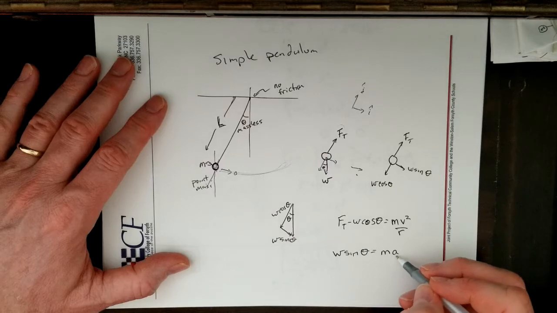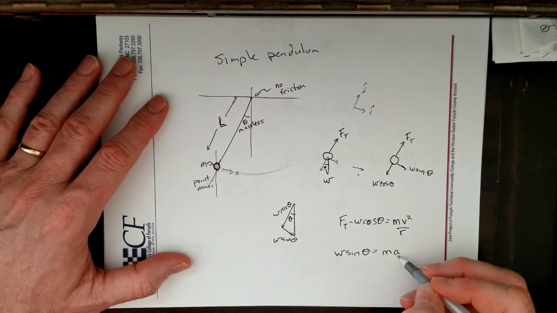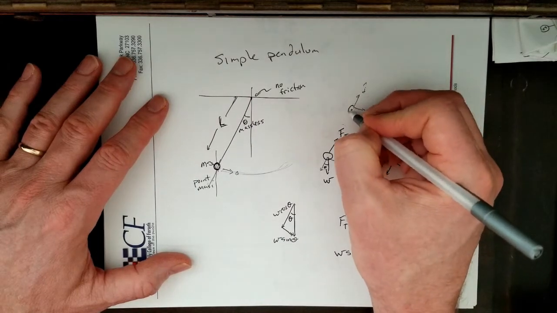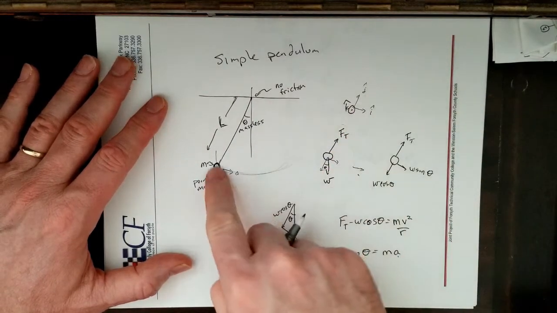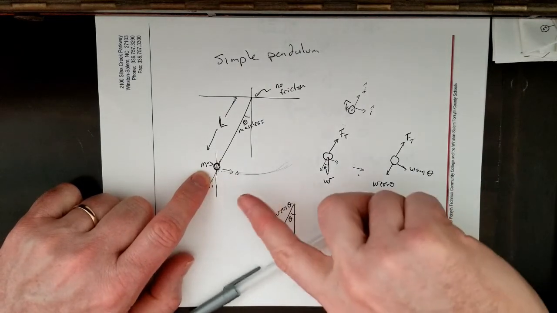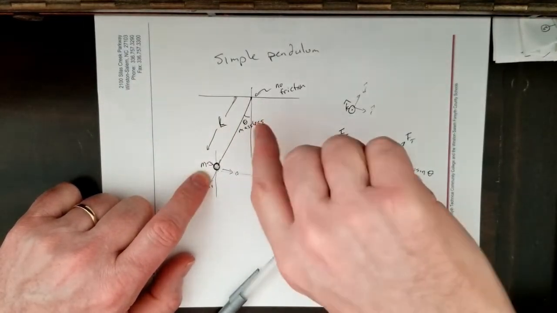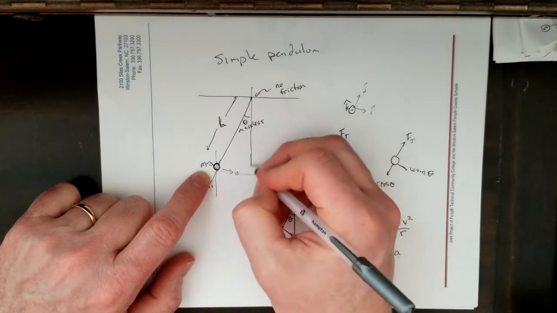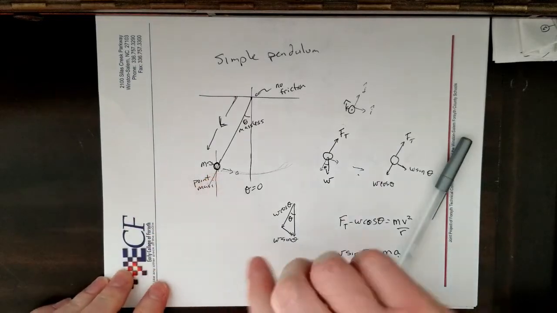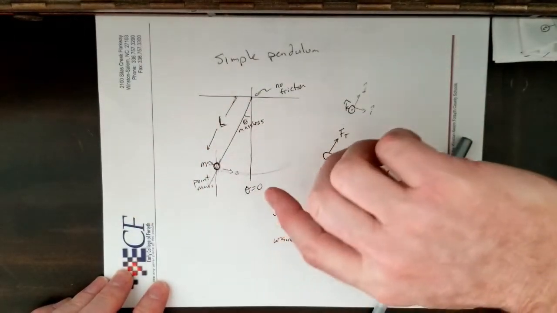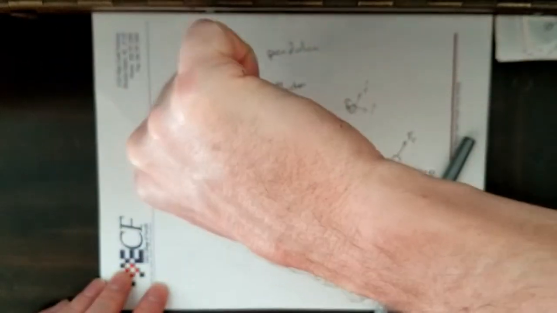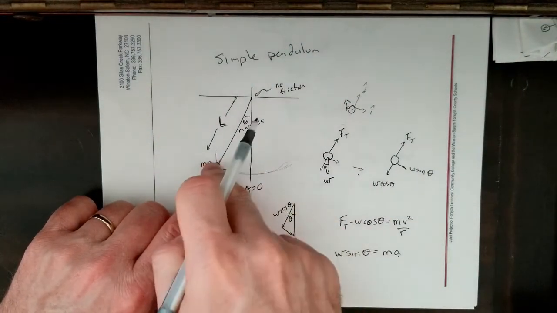I have acceleration being positive, so i, j, k is coming out at us. This angle here is that way. In other words, if theta is equal to 0 here, this is where theta is equal to 0. This has been displaced in that direction, in the clockwise direction, and so the direction of this angle is actually down.